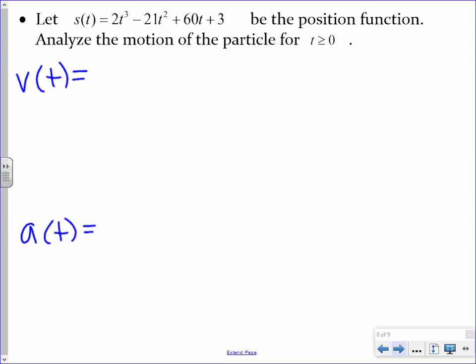Okay. Josie, what's your velocity equation? 6t squared minus 42t plus 60. Great. And Aaron, what's your acceleration? 12t minus 14. Okay. In order for us to figure out where our particle is moving right versus left, what do we need to do with our velocity equation?